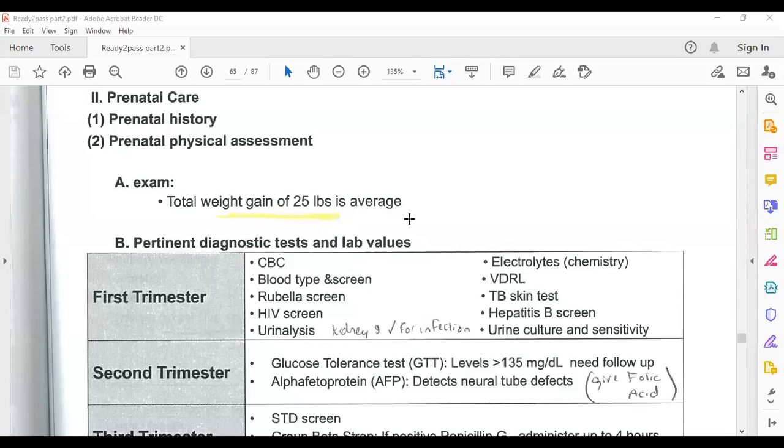Okay. So now we are going to talk about prenatal care, right? During the prenatal care, we can categorize it as prenatal history and prenatal physical assessment.